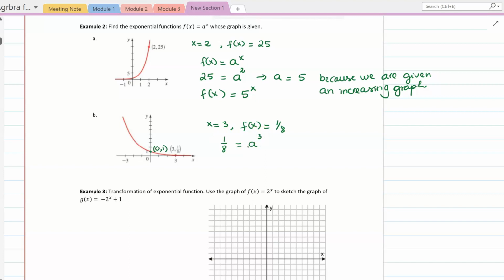If I take the cube root of both sides, then this tells me a is equal to 1/2. So then f of x is equal to 1/2 to the x. Again, this makes sense because we have a decreasing graph.